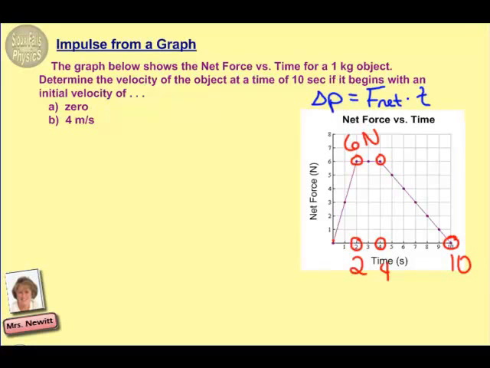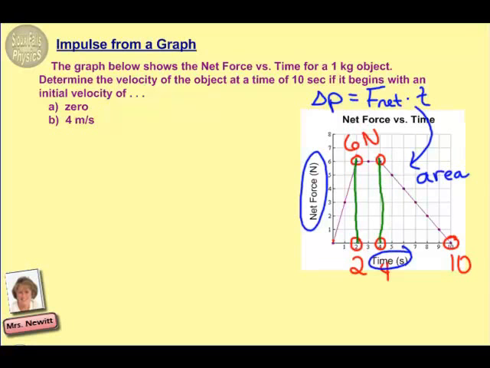On a graph, if we have net force on one axis and time on the other, that means that we will find that from our graph using the area. So the first thing we want to do is split this up into 2 different segments. We have the 2 triangles, one at the beginning and one at the end, and then we have a rectangle in between.